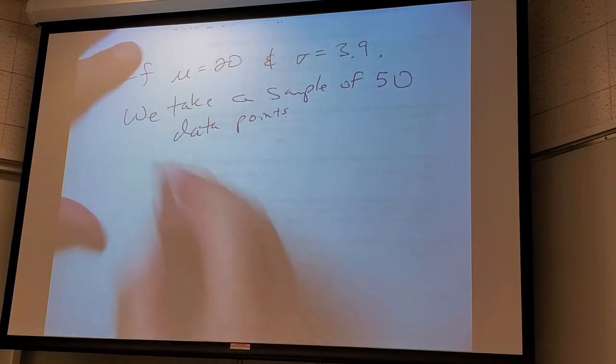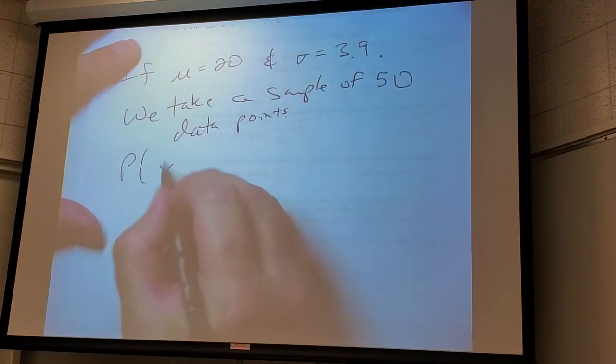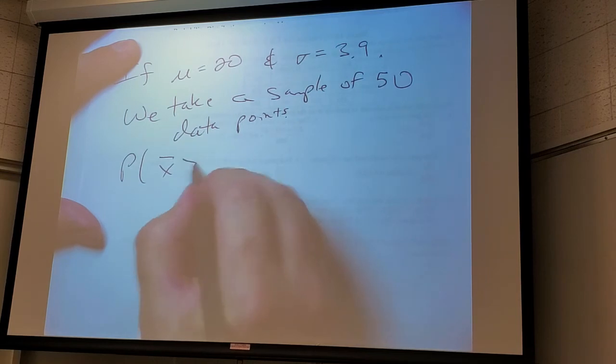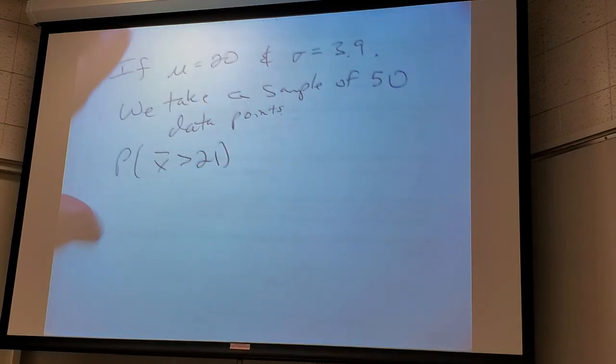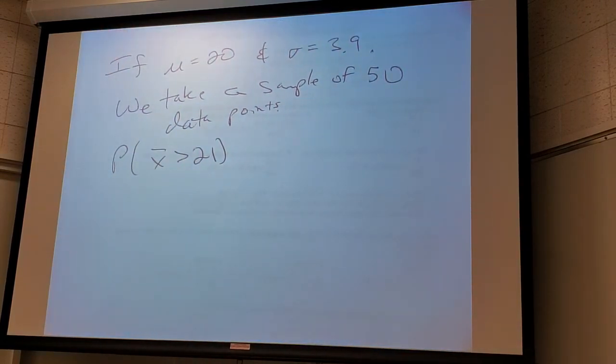I want to know the probability that the sample mean is more than 21. 3.9? Yes, that's 3.9.